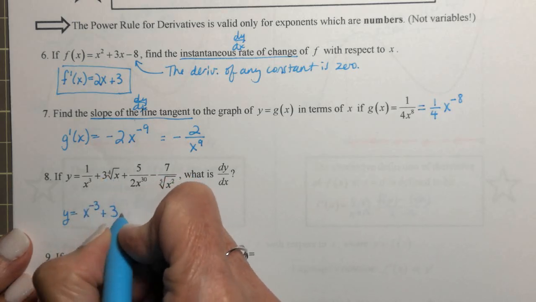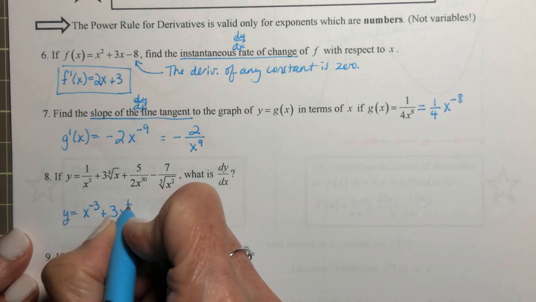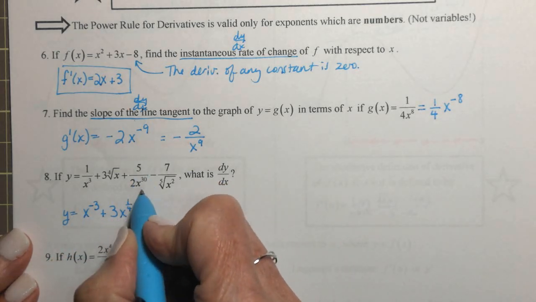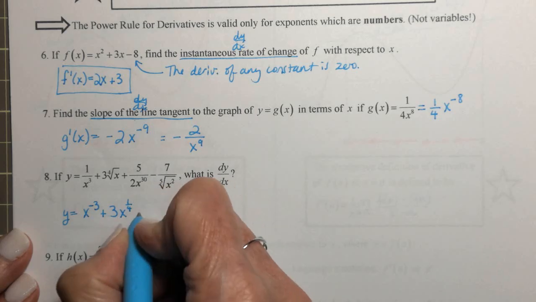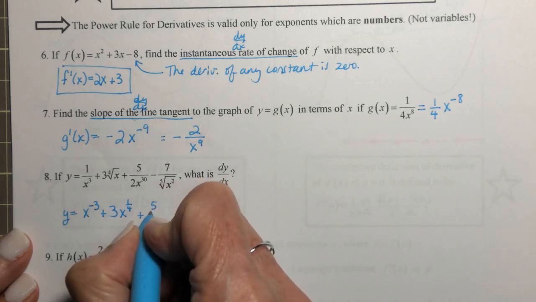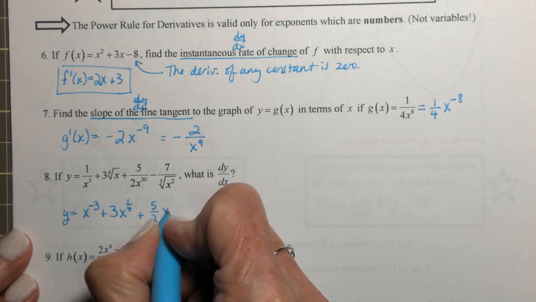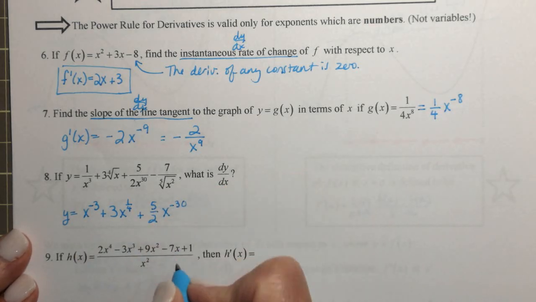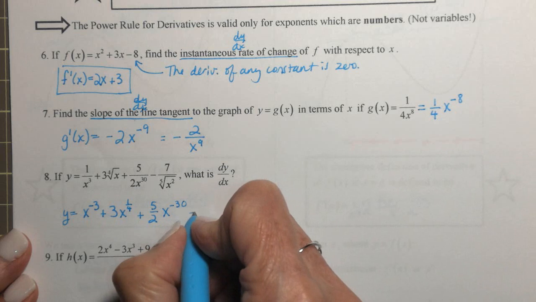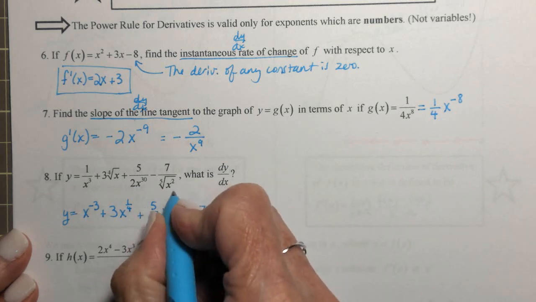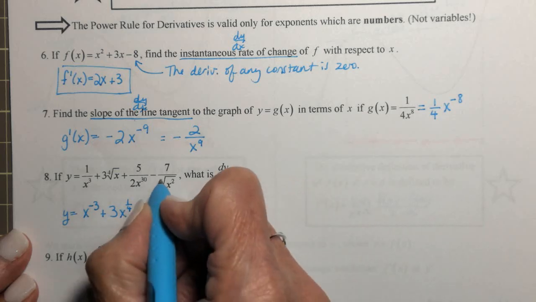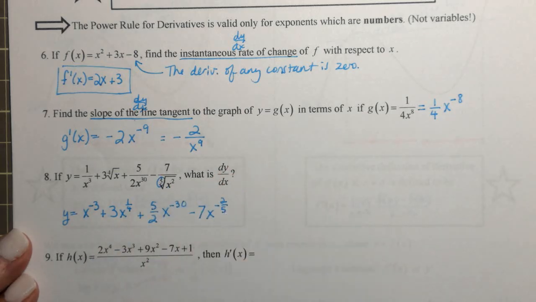The fourth root of x is x to the 1/4. 5 over 2x to the 30th is 5 halves x to the negative 30. Each time I'm writing x to a power next to it. Minus 7x to the negative 2 over 5. The root is always in the bottom of the power.